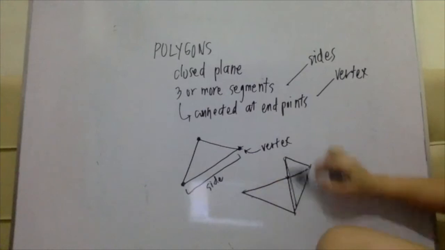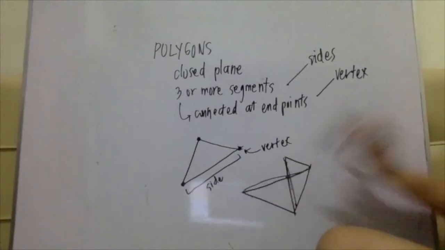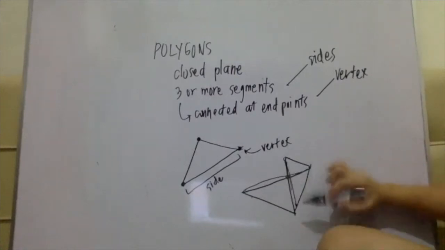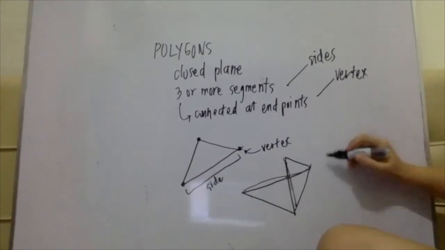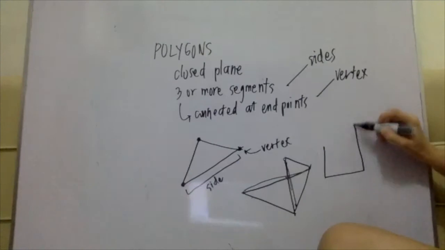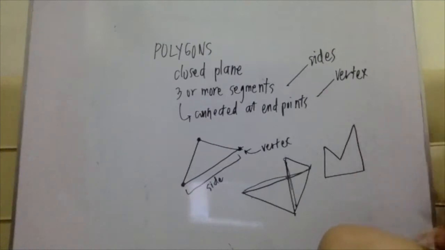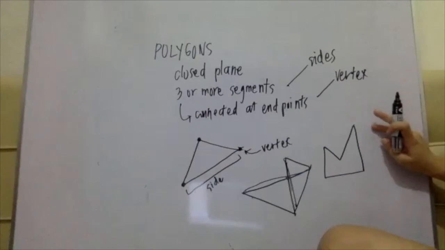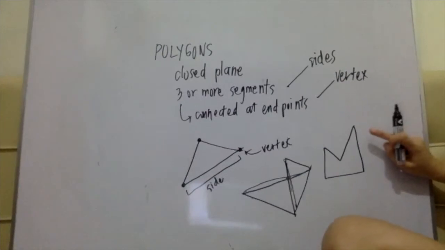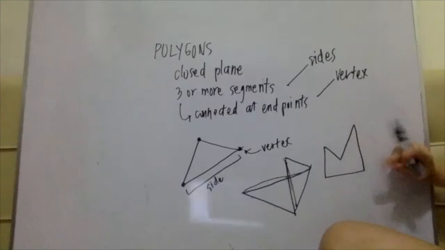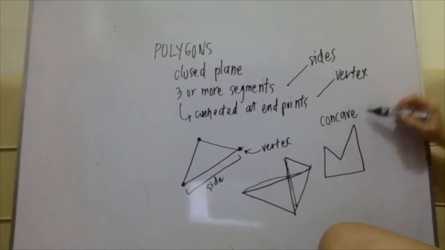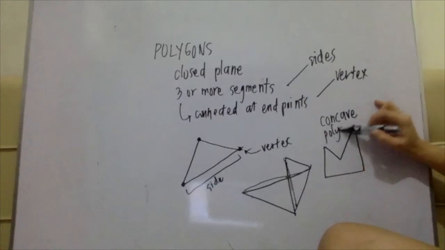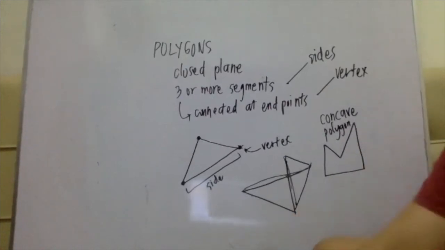Itong line na to at itong line na to, nag-intersect na naman sila. Okay? So, dapat sa endpoints lang sila nag-intersect. So, ito, hindi to considered na polygon. How about if meron kang ganito? This is considered as a polygon. Okay? And actually, yung mga ganito yung itsura, ang tawag dito ay concave na polygon. So, meron tayong concave and convex.